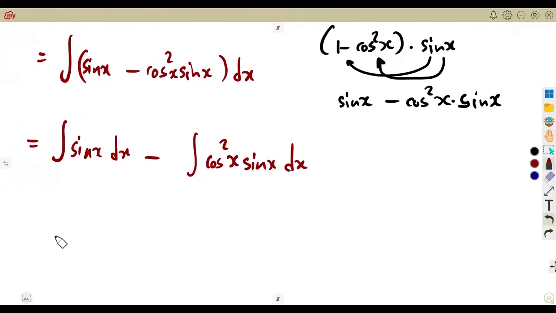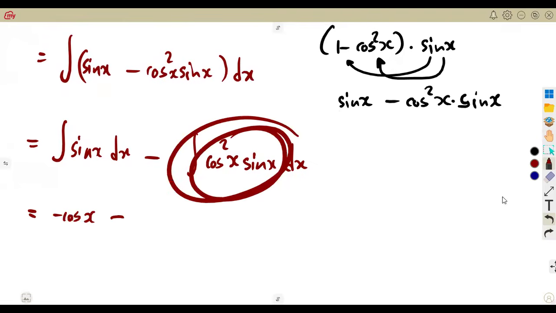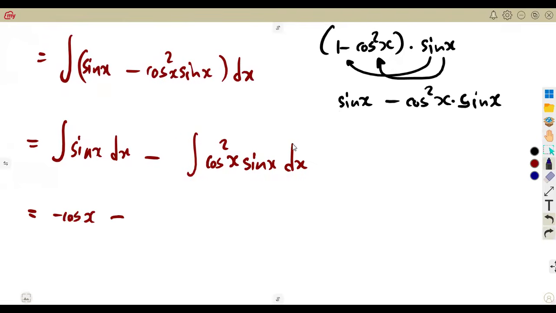Knowing our integral as we had before, sine was changing to a negative cos. So that's negative cos, minus the integral of this. How are you going to integrate this part? Here, using the substitution method, you can take u to be the cos of x. If we let u be the cos of x, we need the derivative of u with respect to x.